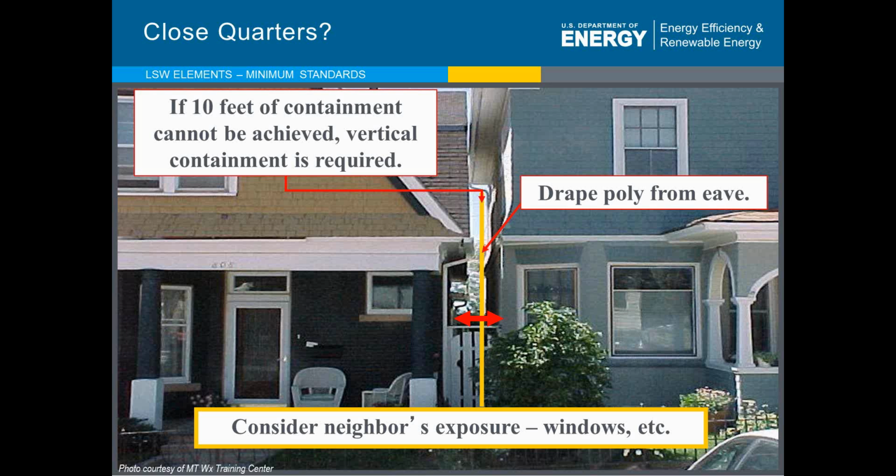So in this particular case, if we were doing some work on the side of the house on the left, we would not be able to bring our 10 feet of plastic out.